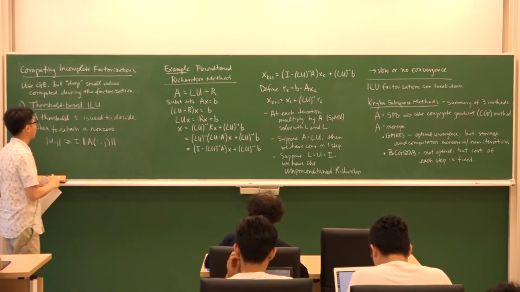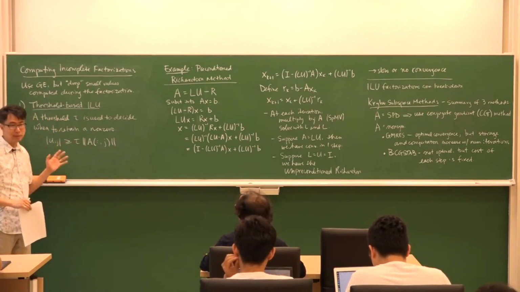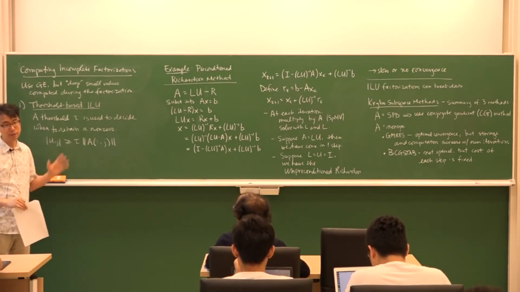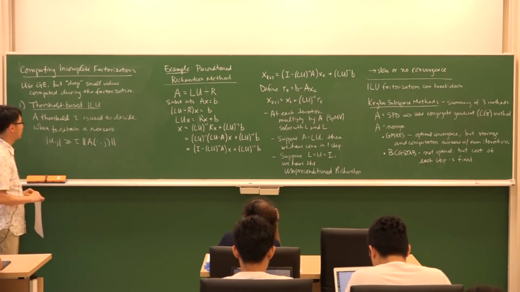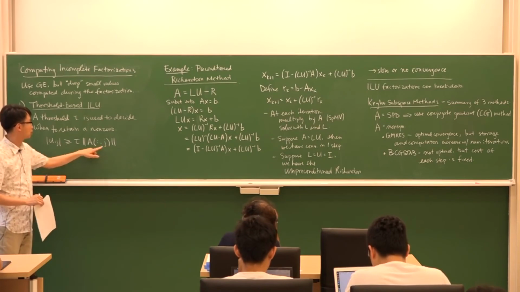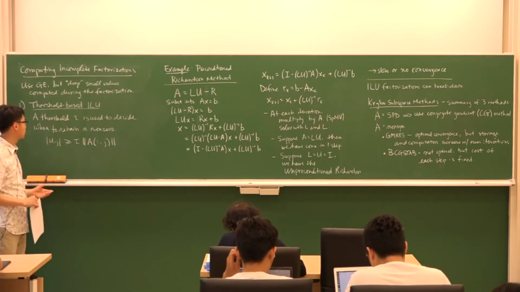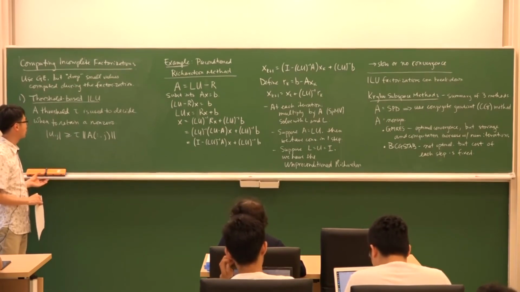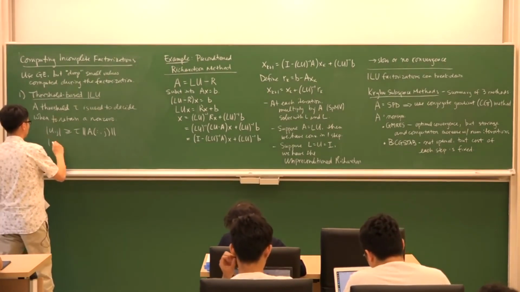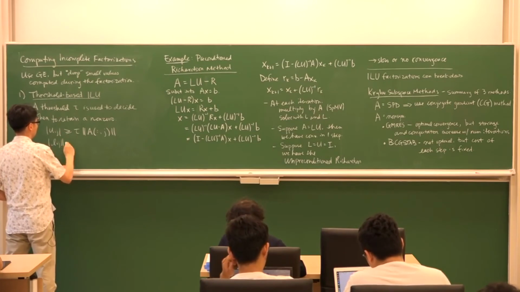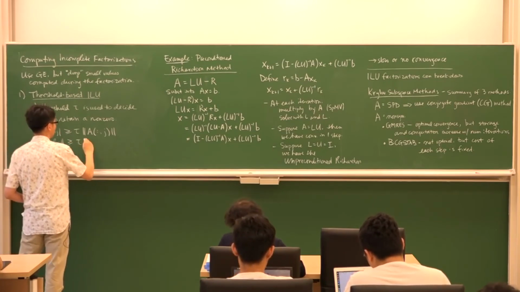So times tau. So tau would be chosen to be something like 10 to the minus 3 or something like that, depending on how your problem is scaled. This takes into account how your problem is scaled. So you would keep the element if your entry is larger than that. And in the lower triangular part, we might have something that looks very similar.